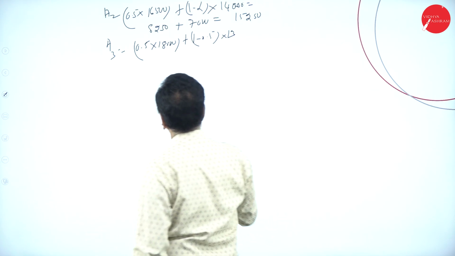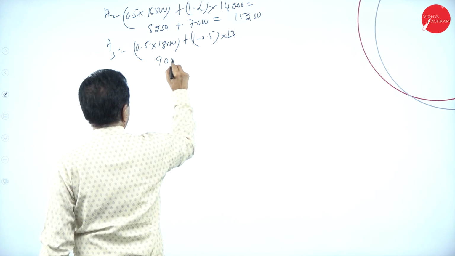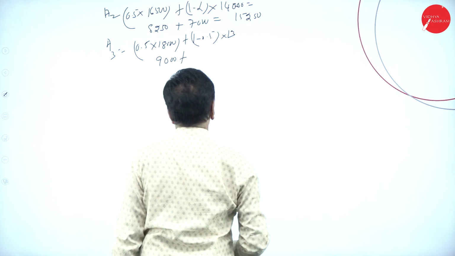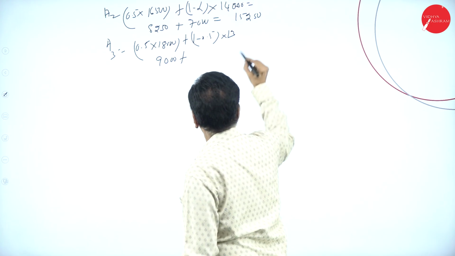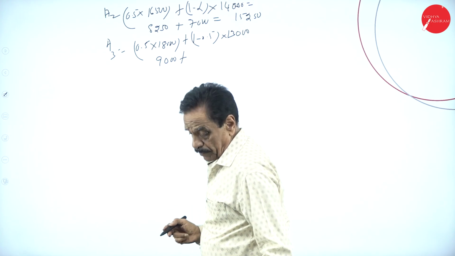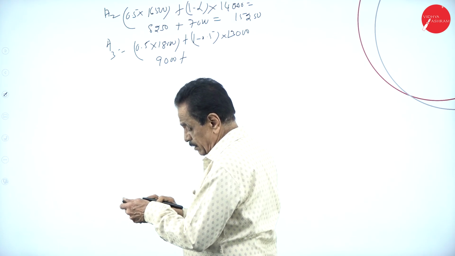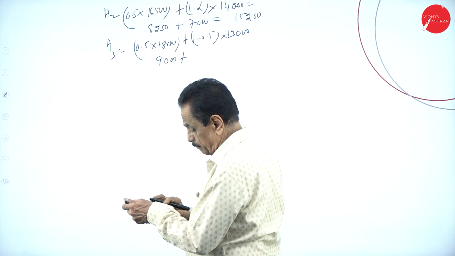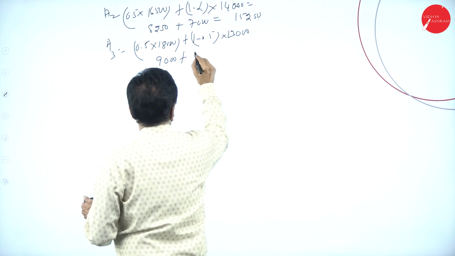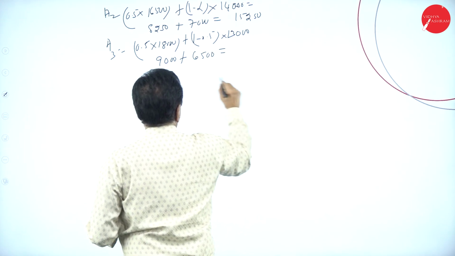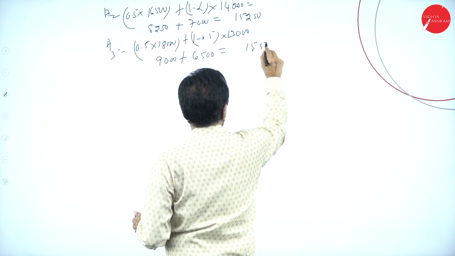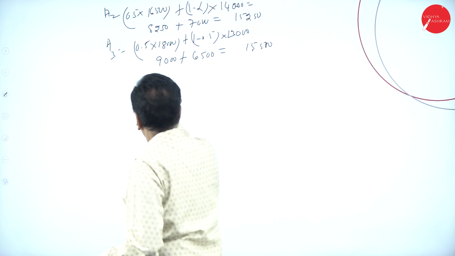So 18,000 into 0.5 is 9,000. 0.5 into 13,000 is 6,500. This is 15,500.